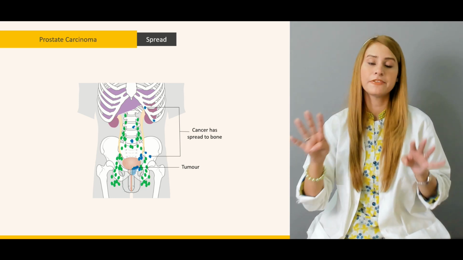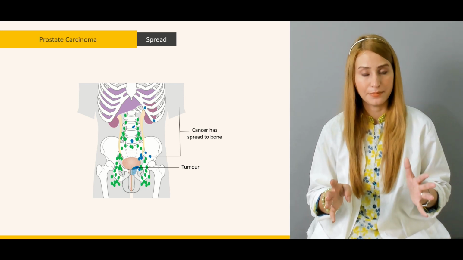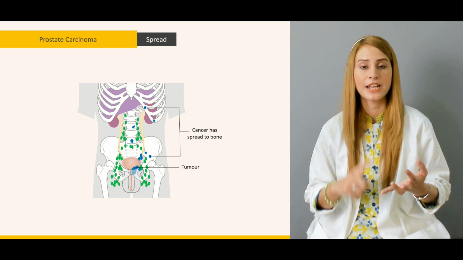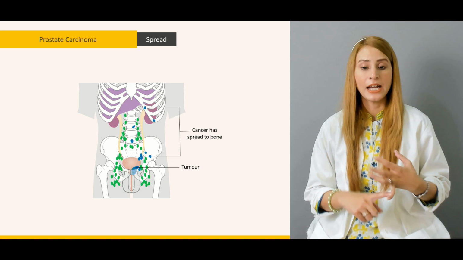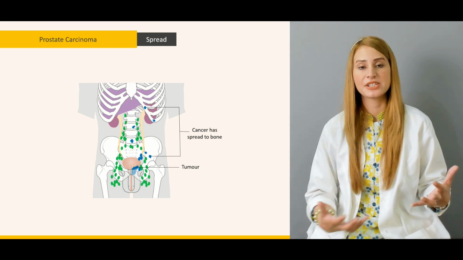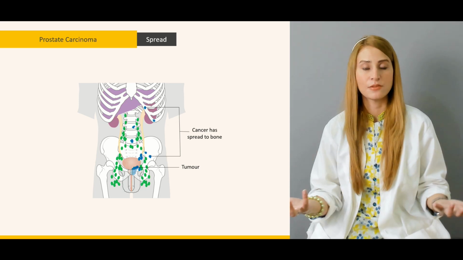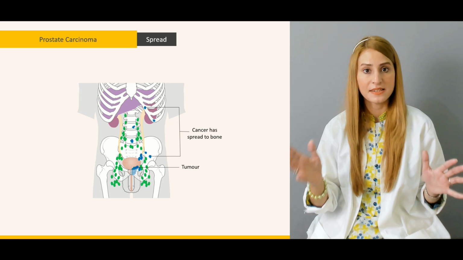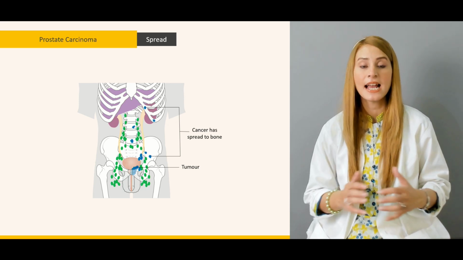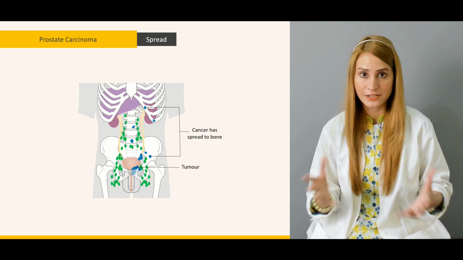So always remember the sites for invasion of prostatic cancer: lower lumbar vertebra, then ribs, then pelvic bones, and then obviously the femur. The most common pathway for prostatic cancer spread is through the veins, ultimately involving the vertebral column, because the Batson venous plexus is the plexus connecting the pelvic veins to the veins in the vertebral column.